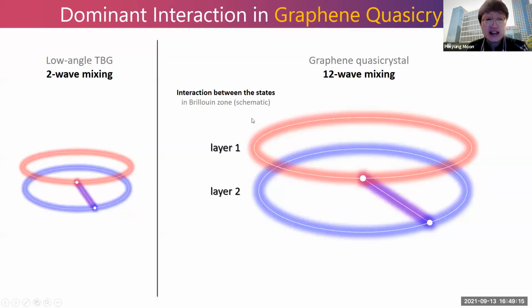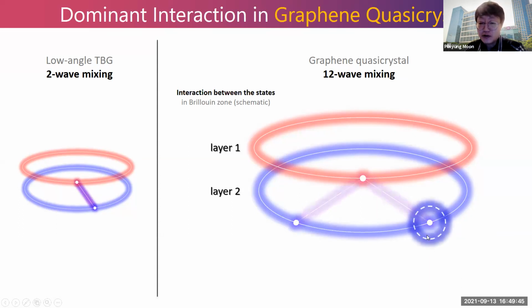An interesting point is that I show that in a low-angle twisted bilayer graphene, the majority of interaction is the two-wave mixing, the strong coupling between a state in layer 1 and another state in layer 2. But I found that in this graphene quasi-crystal, there is a state where one state in layer 1 strongly and equally interacts with two states in layer 2.